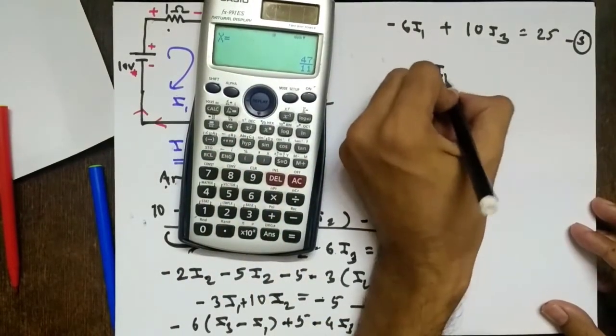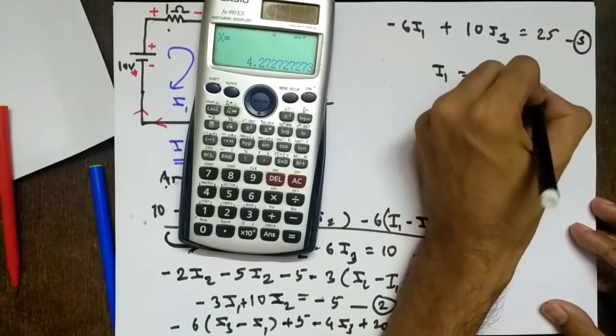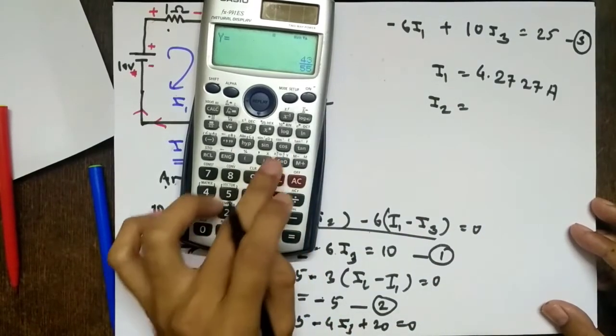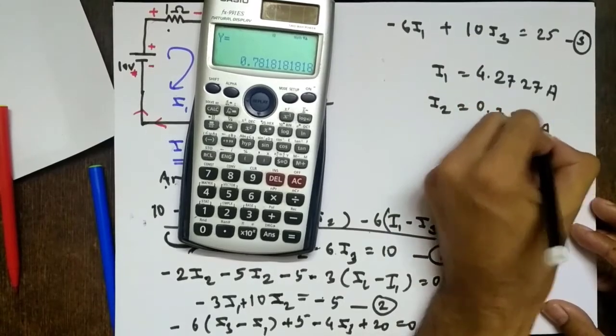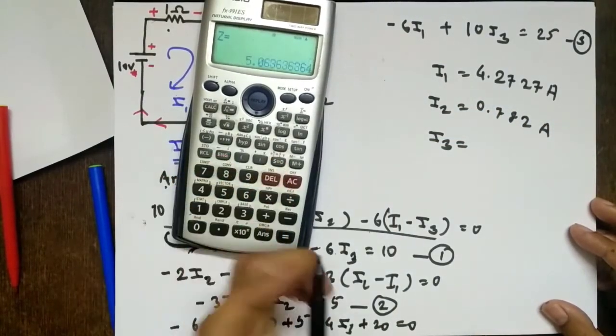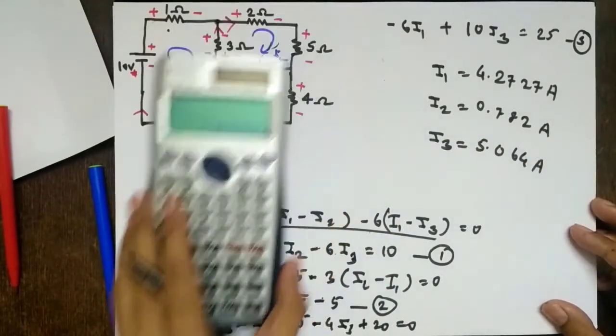So I1 equal to 4.2727 amperes. I2 equal to 0.782 amperes. I3 equal to 5.064 amperes.